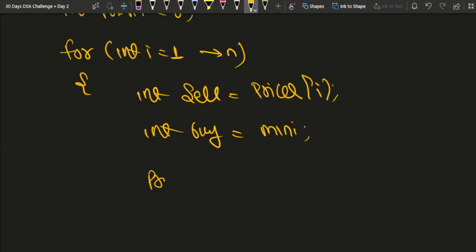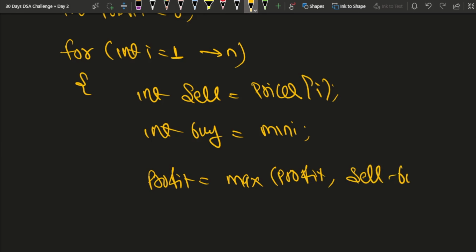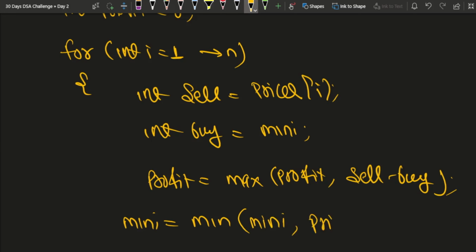Then profit is equal to maximum of profit and sell minus buy. After this, mini is equal to minimum of mini and prices of i.